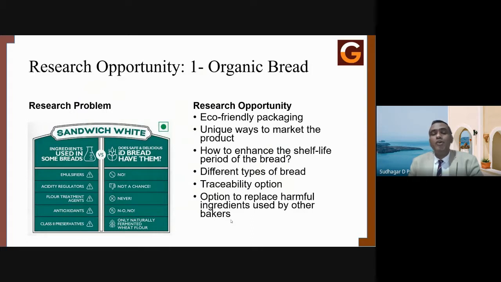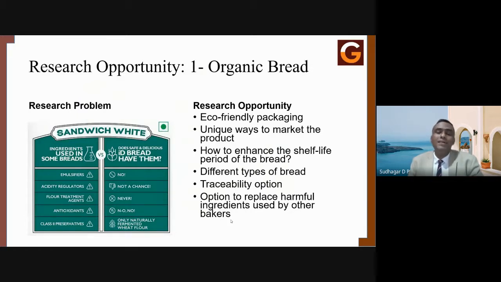Is it possible for you to research an option to replace harmful ingredients which are used by other bakers? Most of the bakers are using emulsifiers, acidity regulators, and other artificial ingredients because they really do not have any other option. The secret that ID Bread has found to prepare bread without all these artificial ingredients, they may not be willing to share with other bread manufacturers in the market.